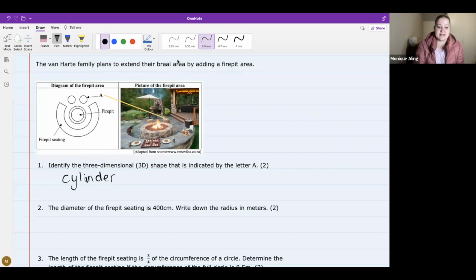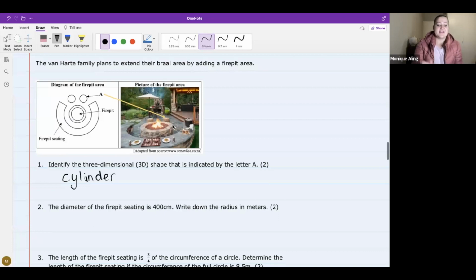Nicely done. Then the diameter of the fire pit seating is 400 centimeters. Write down the radius in meters. I'm going to give you guys a minute to quickly work it out. If the diameter is 400 centimeters, what is the radius in meters?